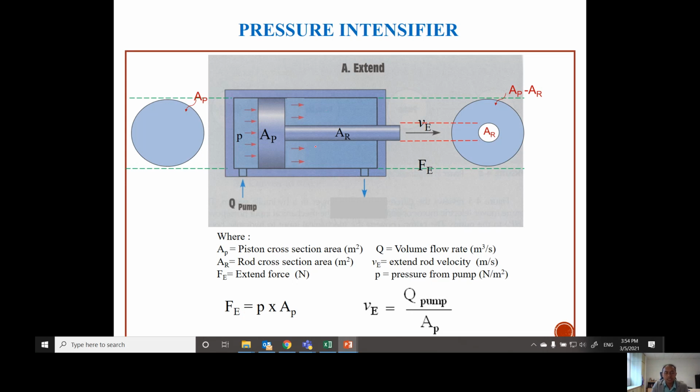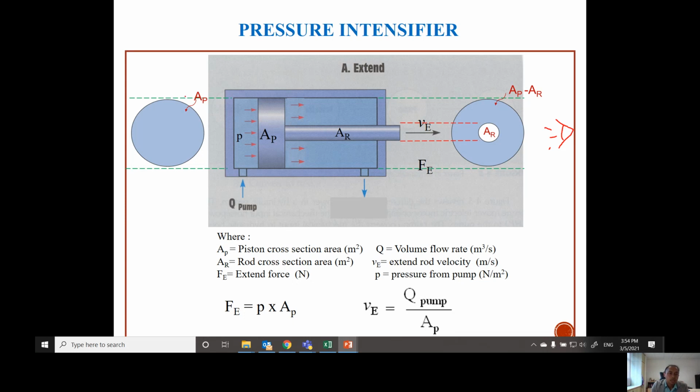All right, so this is a single rod cylinder. Okay, so this is a 2D view of the cylinder, the cross section. But if you have your eyes from here, you have to bear in mind that the piston and the rod are actually in the shape of a cylinder. It's round and has a length.